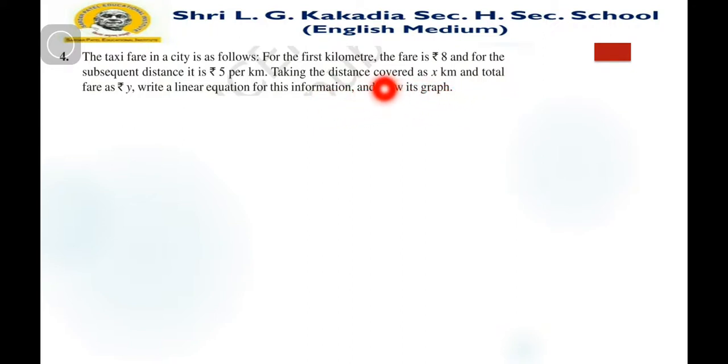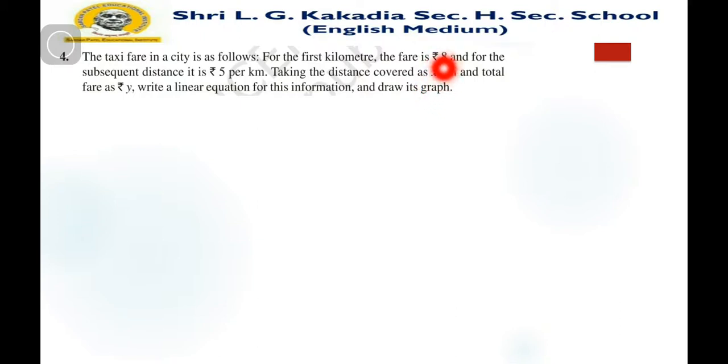Now you are given that the total distance is x kilometers and the total fare is rupees y. Here it is given that for the first kilometer he takes 8 rupees. The total distance is x kilometers, so we have to subtract the first kilometer from x because x is the total.